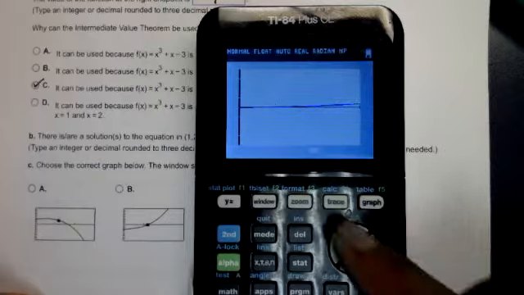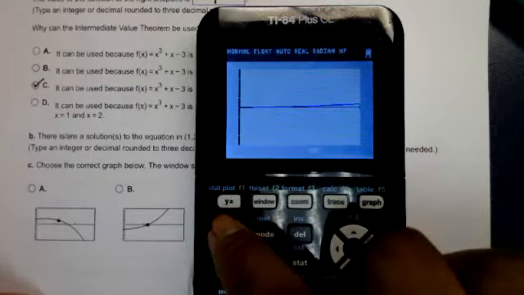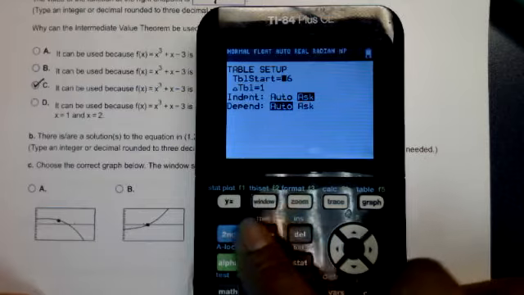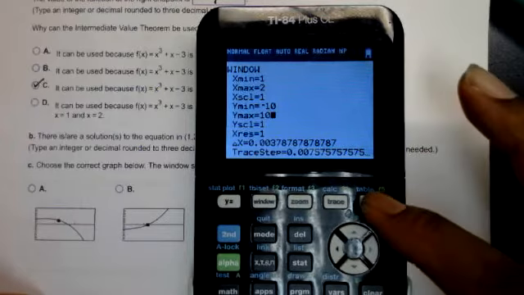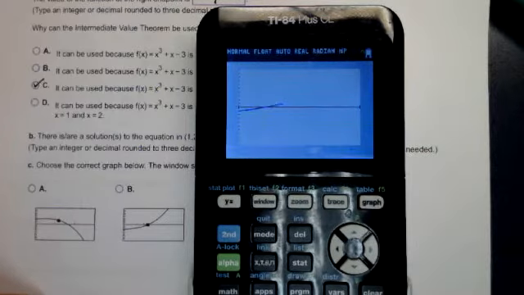No. Okay, that's not going to work. Let me change my window. Sometimes it does work and sometimes it doesn't. Let's try -10 to 10. And again, sometimes you just got to play around with these things.